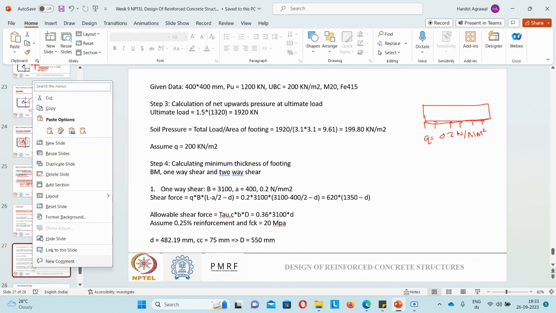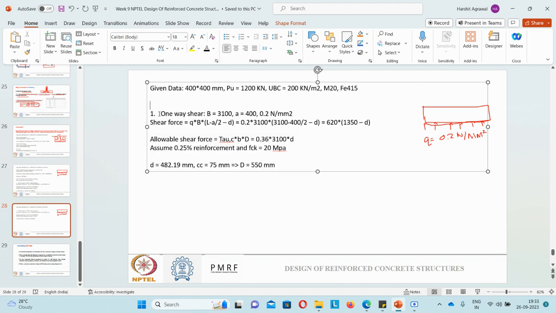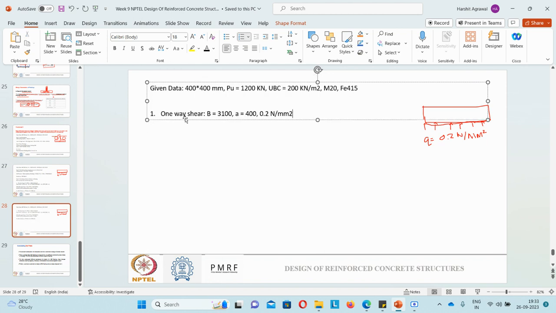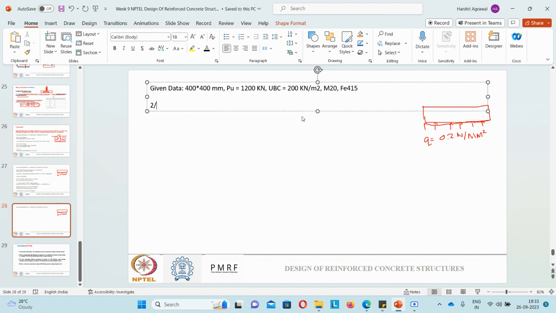Now we need to check it with two-way shear also. So how to do that? Second is two-way shear, or we say punching shear. For this, what was the formula?